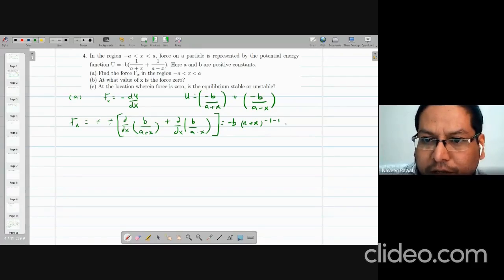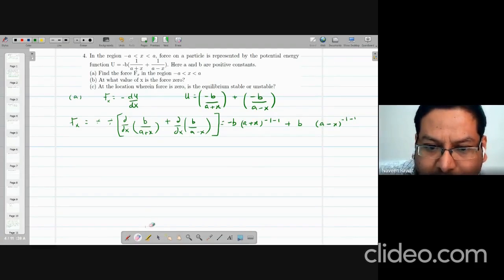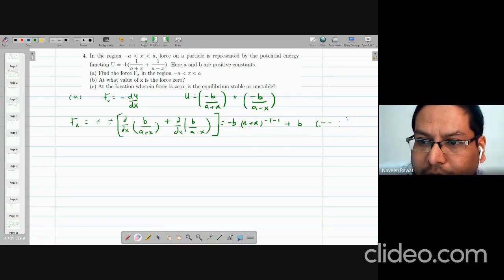Similarly, the second term will have your constant b. There will be a negative term that will come because of a minus x raised to minus 1 minus 1. Let me not go out of this because then I'll have difficulty. One second. I'm going to limit my space here and write this line down here.